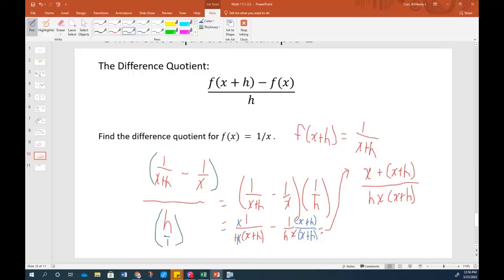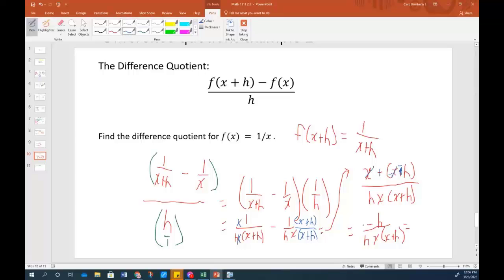So when I distribute that negative, it's going to make that be a negative x and a negative h. But x plus a negative x will cancel out. So that is going to leave me on the numerator negative h, and it's over h, x, x plus h.